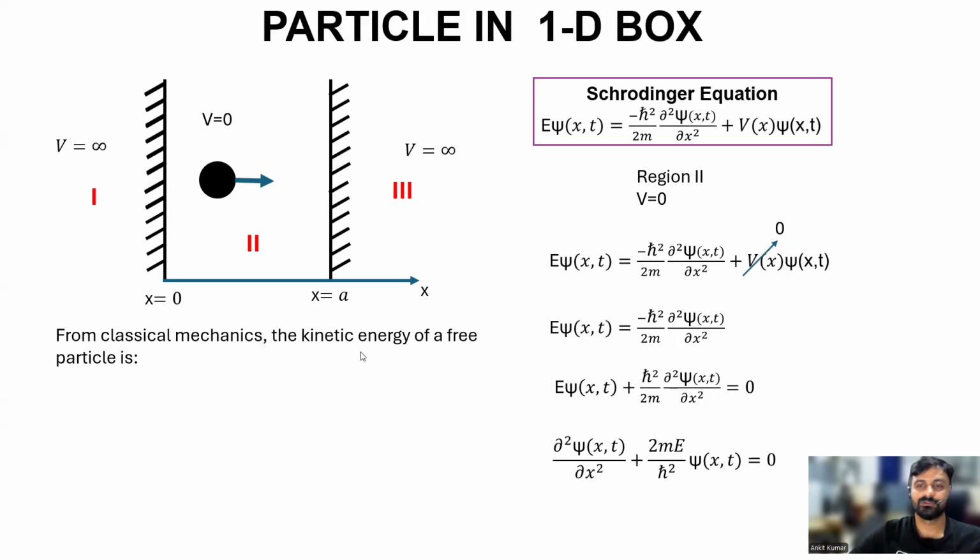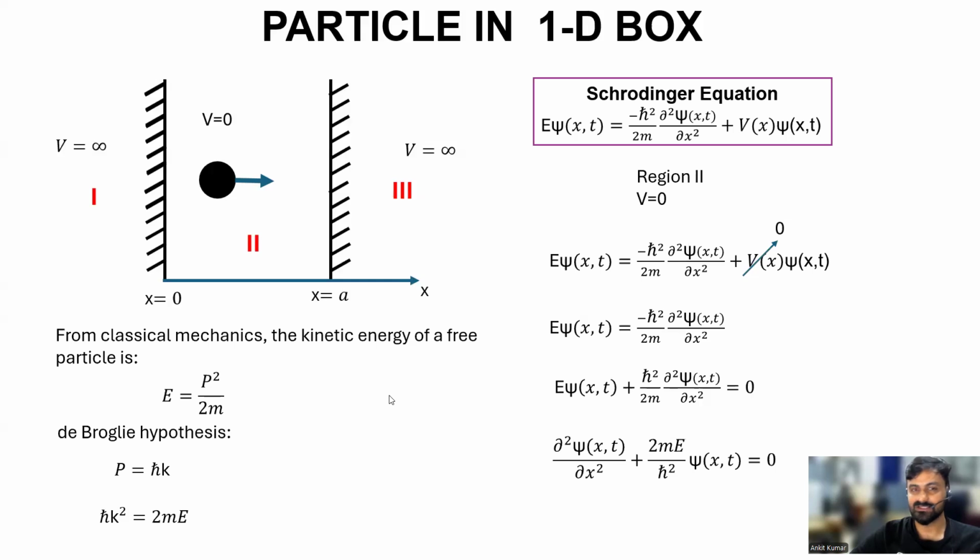Okay, great. From classical mechanics, the kinetic energy of a free particle can be written as E equals p² by 2m, where p is the linear momentum and m is the mass of the particle. And from the de Broglie hypothesis, we know that p equals ħk. We can substitute this into the kinetic energy, and we get ħ²k² equals 2mE.